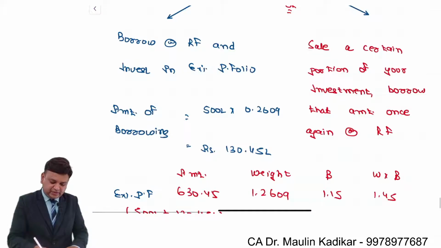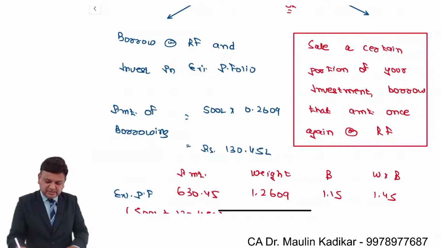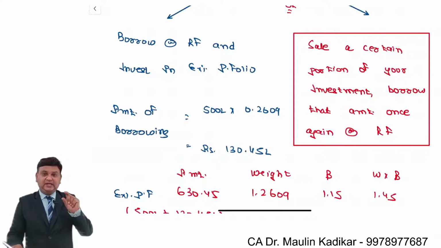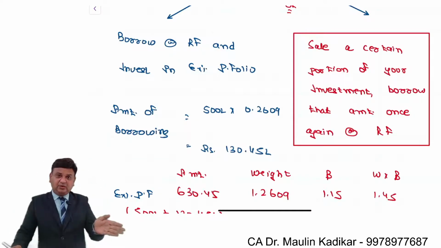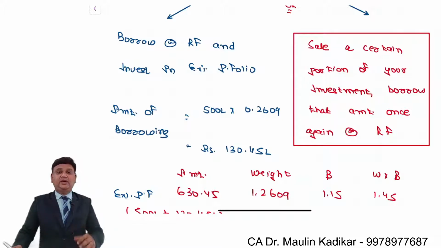So the other alternative, friends, is that you may sell a certain amount of your portfolio, and again that amount will be borrowed at the rate of RF, and it will be borrowed in such a way that the overall beta of your portfolio will be 1.45. This is what you have to do.